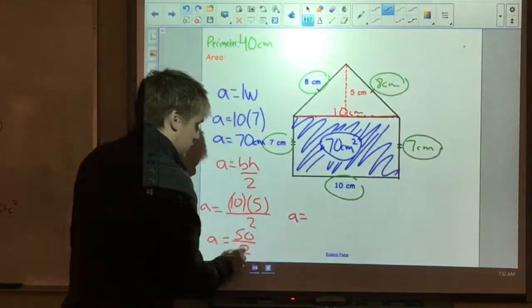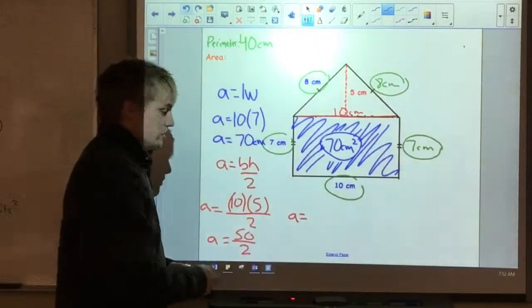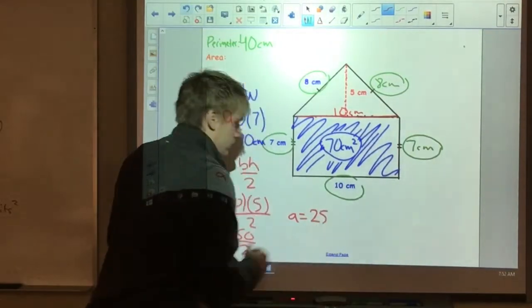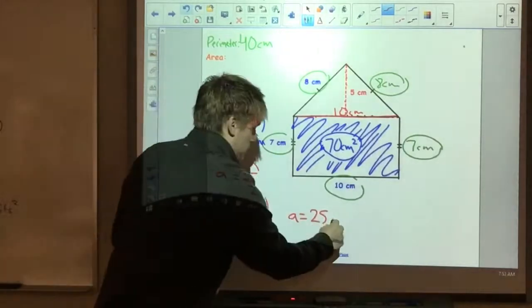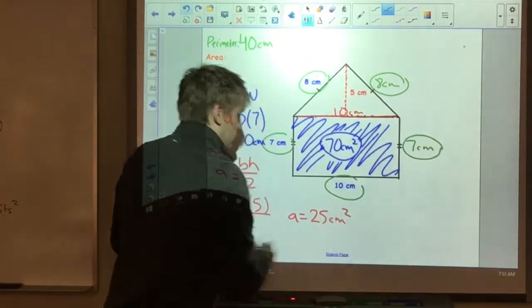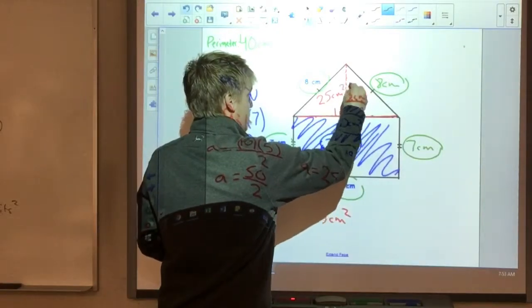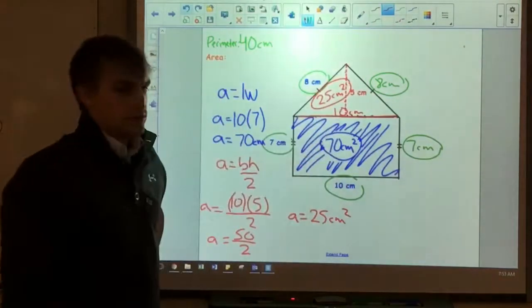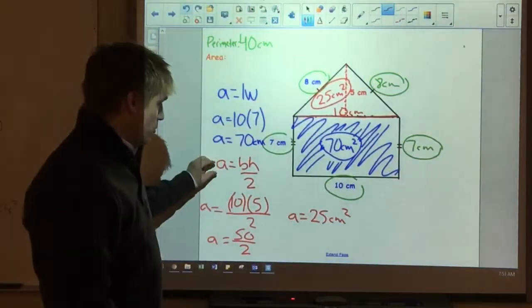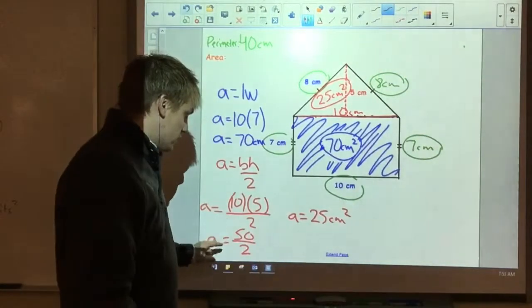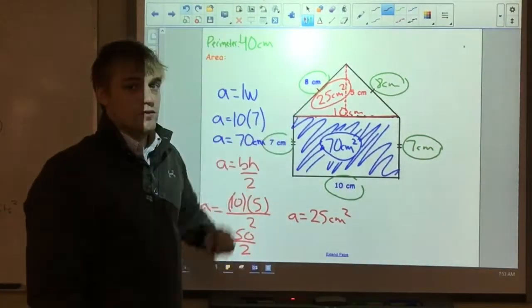Area equals 50 divided by 2. If you don't know that, you can do it on the side, but it's 25 centimeters squared. Okay, so that's the area of the triangle. I wrote down my formula, I plugged the numbers in, and I solved it, and I got the area of the triangle.